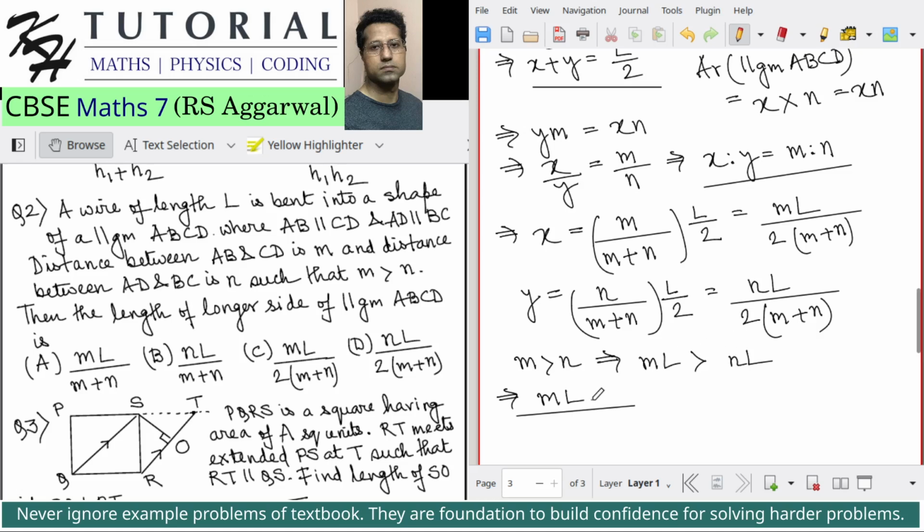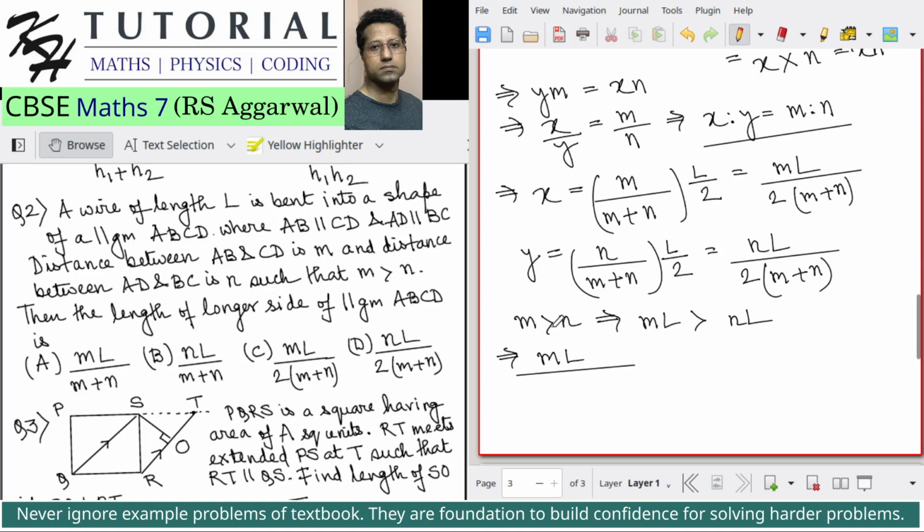Now I can say that since m is greater than n, and L is constant, m into L must be greater than n into L. And again I can divide this inequality by 2 into (m plus n). So I will have this greater than nL divided by 2 times (m plus n).